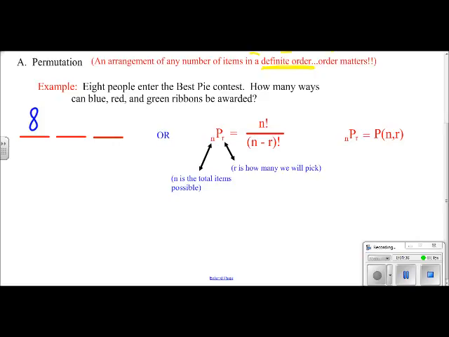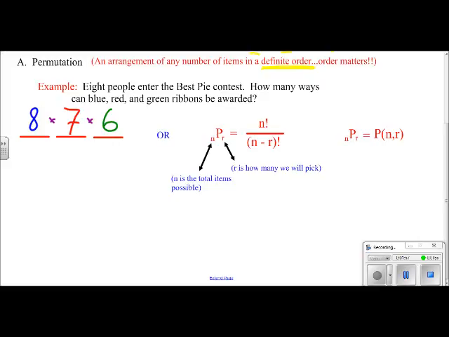For the second prize, or the red ribbon, if one person already won first place, now only 7 people can win this one. And if one person took the blue ribbon and one took the red ribbon, then there are only 6 people left who can get the green one.